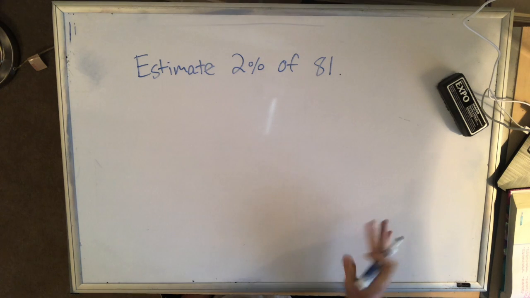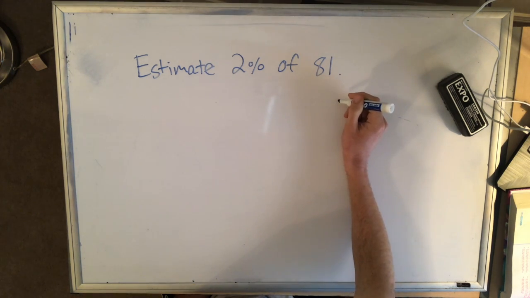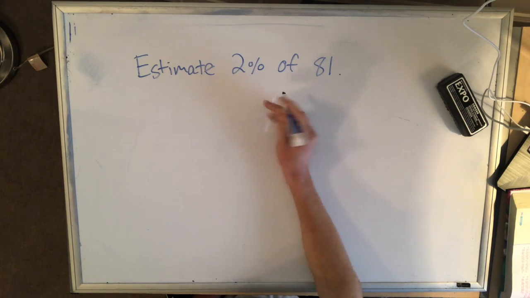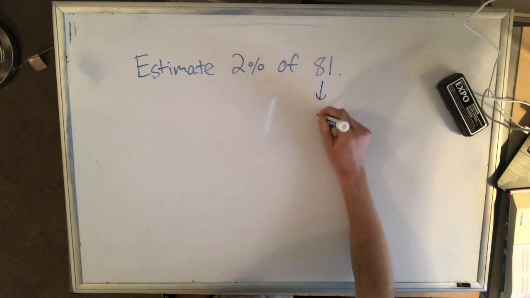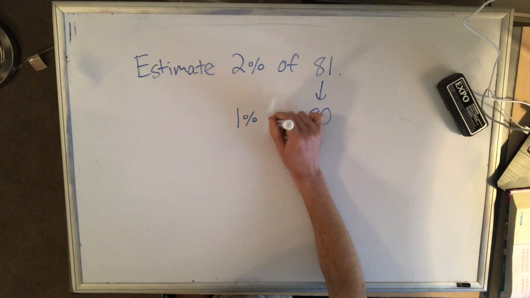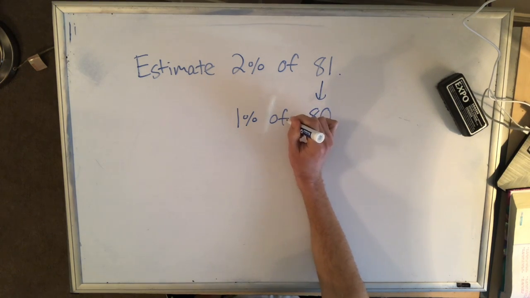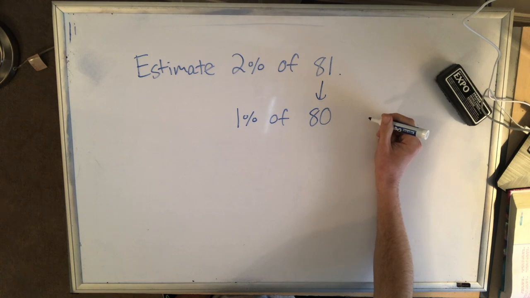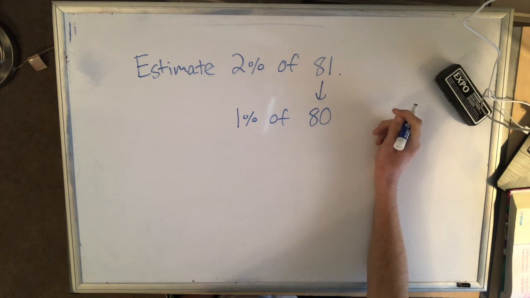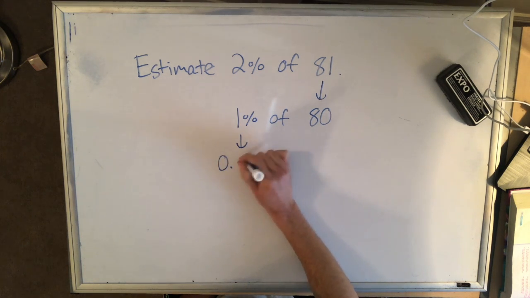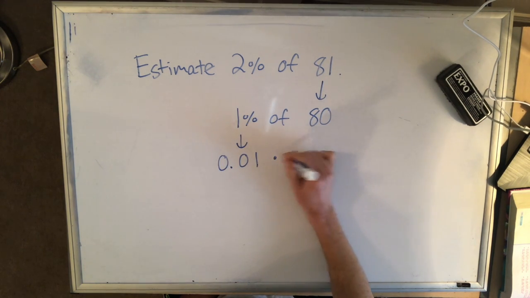Okay, let's first find 1% of 81. Or we can round 81 to 80. 1% of 80. Well, 1% of 80, that's 0.01 times 80.